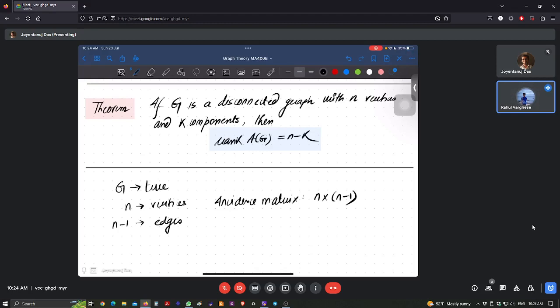Then the reduced incidence matrix will be non-singular.